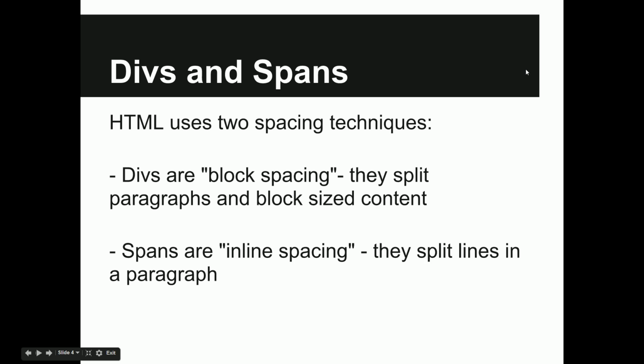Every single block here will be a different div. And then inside divs are spans, which are for inline spacings, which is for spacing different things inside of a div. So that's the order we usually go when we do divs and spans, although sometimes they're interchangeable and sometimes you can do things differently depending on whether we're using a div or a span. Usually, though, we're using divs and spans in conjunction with each other.